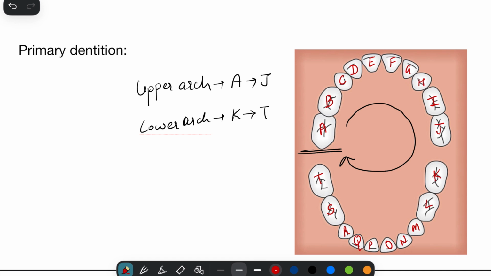After tooth number 16, the numbering continues with 17 on the lower left side. Then mixing permanent and primary systems. For the permanent teeth we use numbers, and for the primary teeth we use letters. That is very clear, and I hope after this video you'll not make any more mistakes with that.